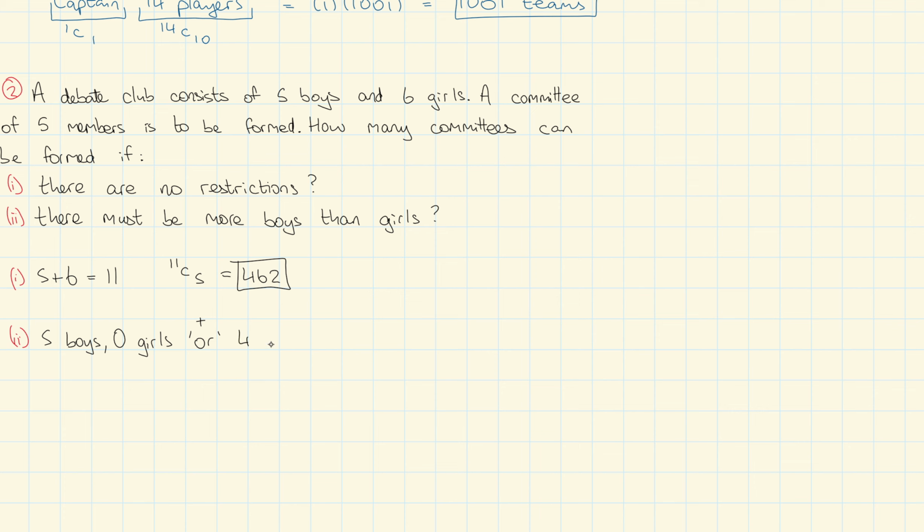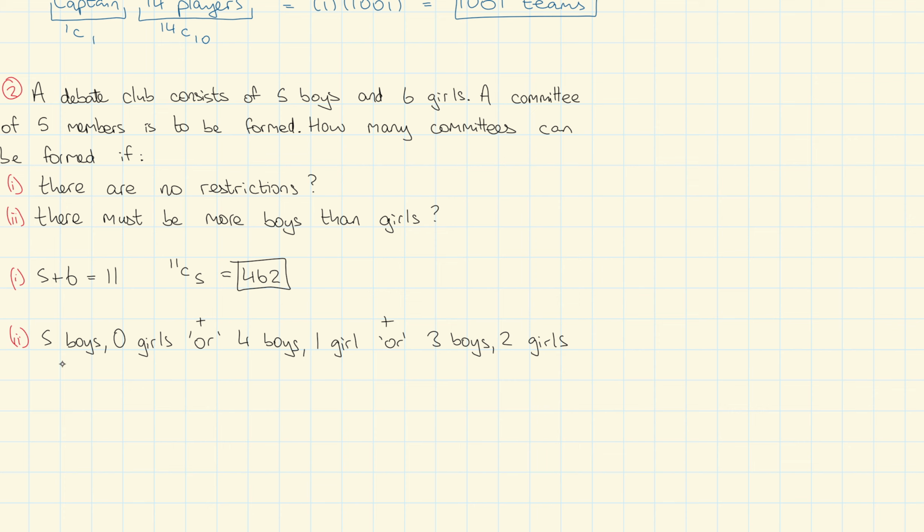We could have 4 boys, 1 girl, or 3 boys, 2 girls. And then we won't have 2 boys and 3 girls, as that would flip the balance and it wouldn't work for the criteria they've set us.